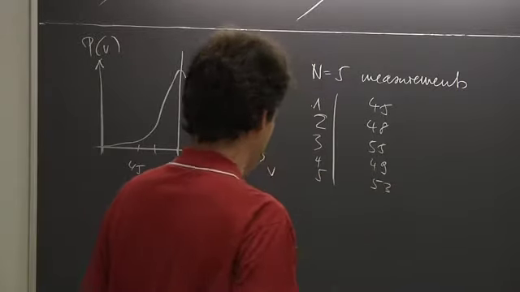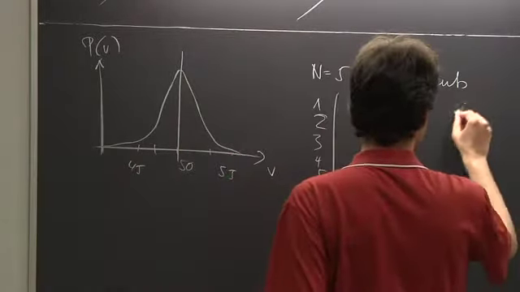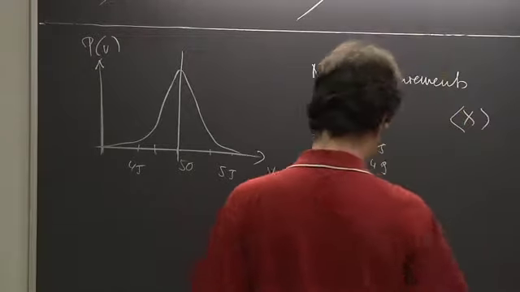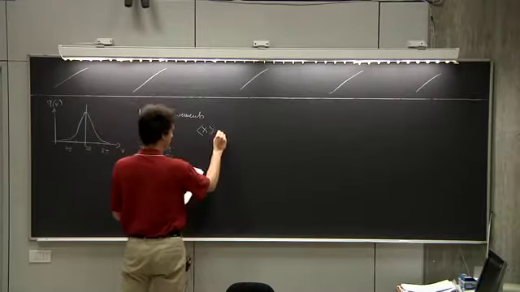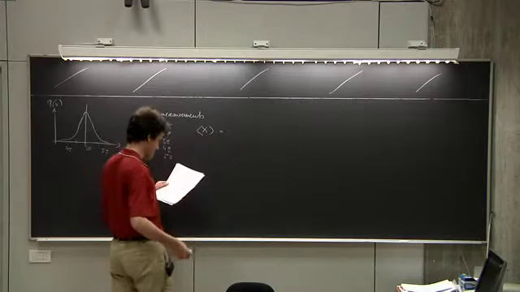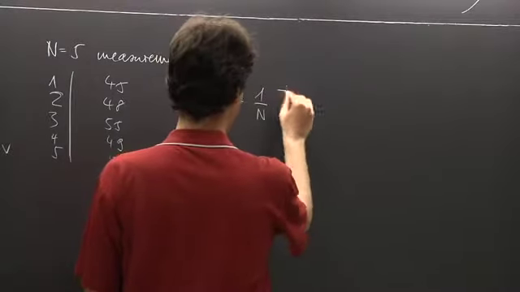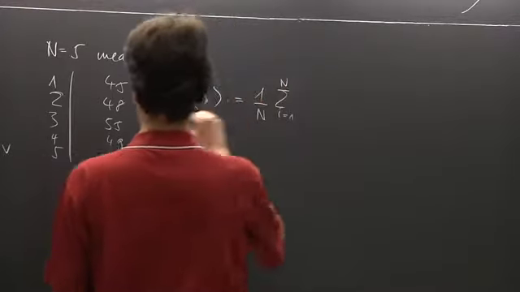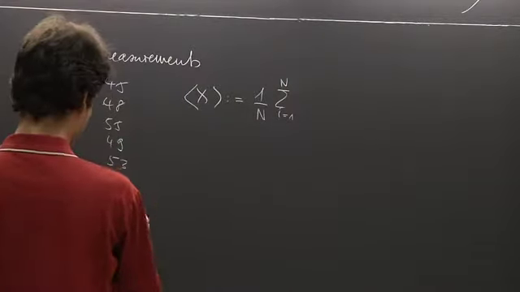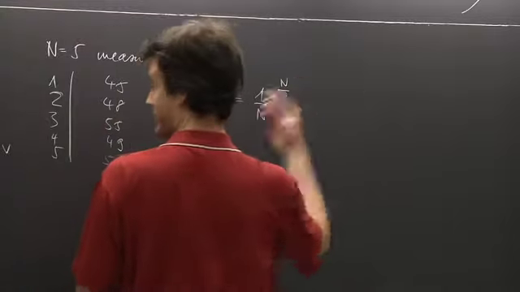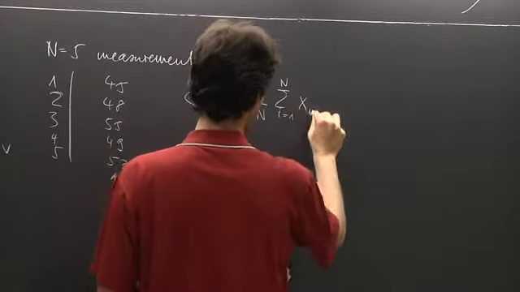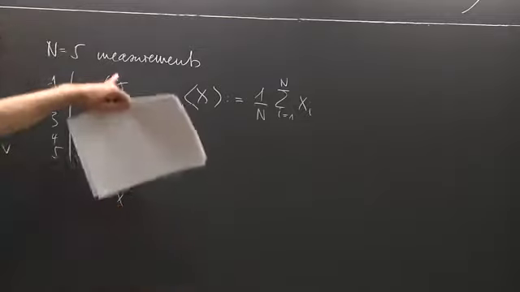Then you say, okay, my estimate of the real value that I would get if I measured infinitely precisely would be, so these are my x, this random variable, which is the speed here. I just take the average here.